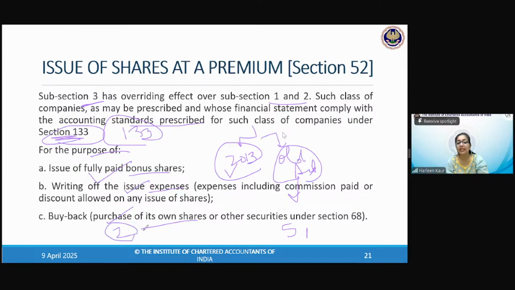So what are the 2 things for which these companies cannot use the money? Quickly tell me. What are the 2 purposes that companies following section 133 cannot use it for?